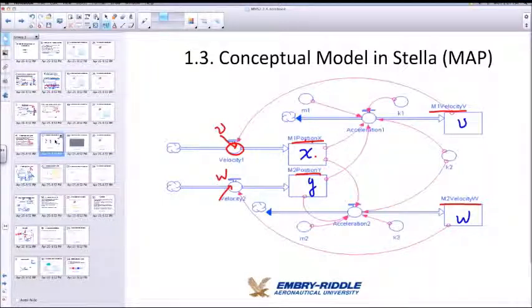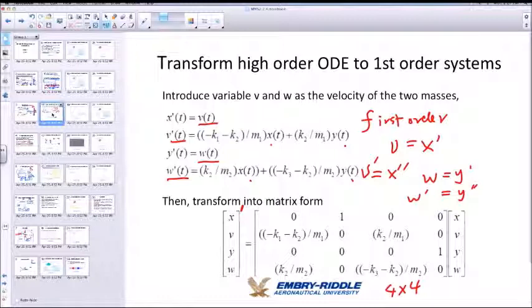Can you see it? The second one is a little harder. The change of the velocity is the acceleration. So in this case, you need to put all those mass expressions on this side for the first one, this side for the second one. You remember it is related to the x, y, and all the parameters.